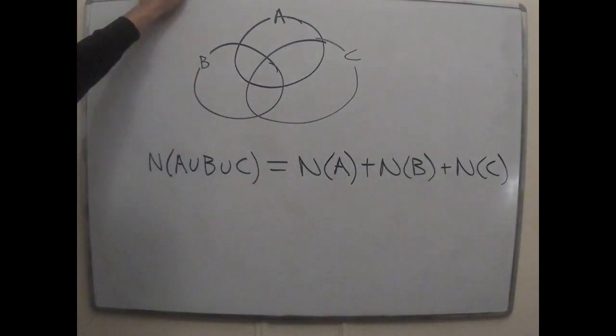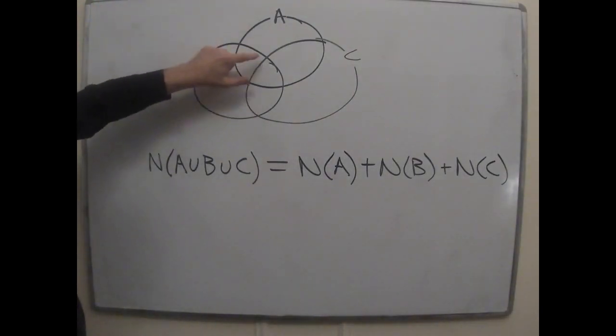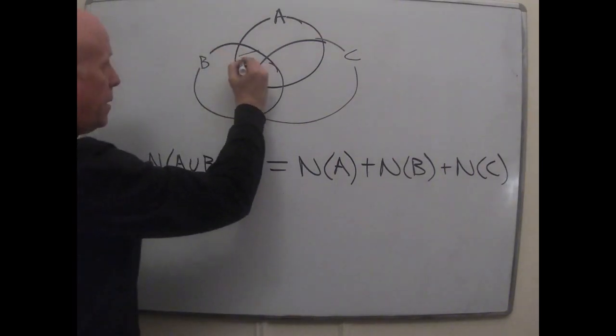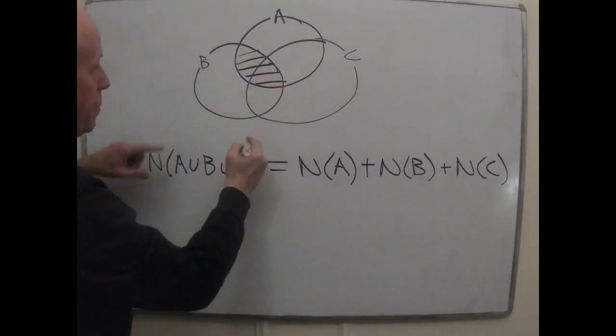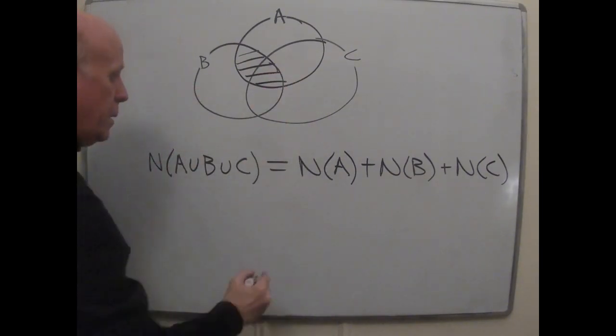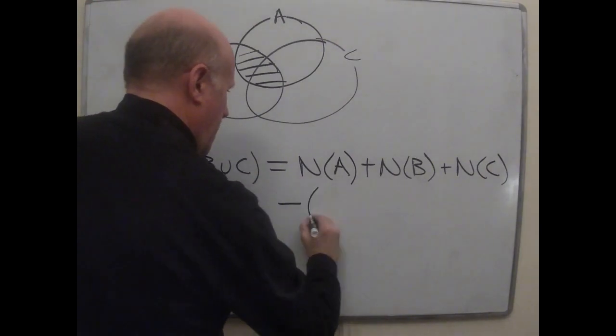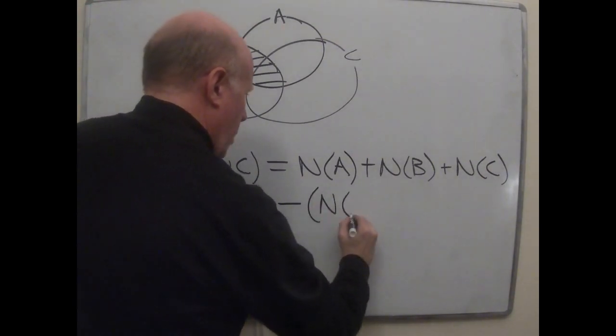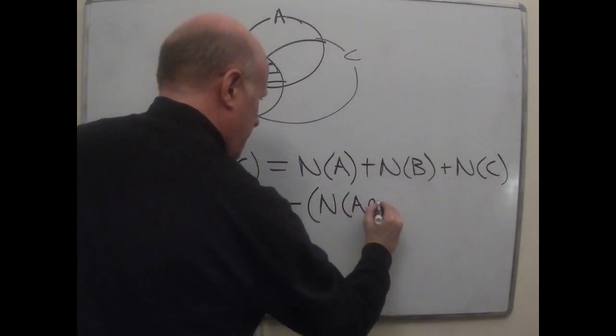But that way overcounts things, right? The things that are in the intersections. For instance, if I'm in this region right here, which is the overlap between A and B, I've been double counted. So I've got to take those away. In fact, what I want to take away is all of those intersections.